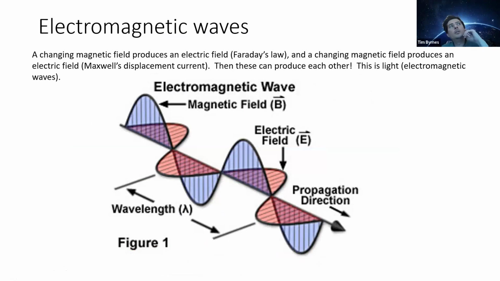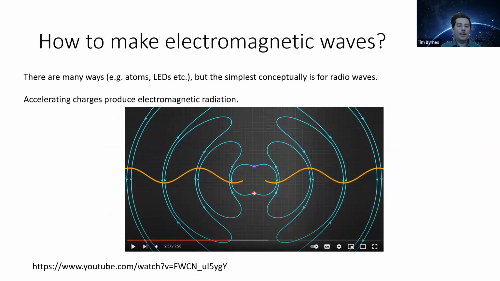But in practice, how do you actually make these electromagnetic waves? There are many ways to make them, but there's maybe a central concept in engineering and physics where you can make electromagnetic waves by accelerating charges.